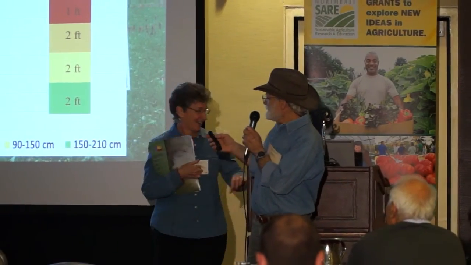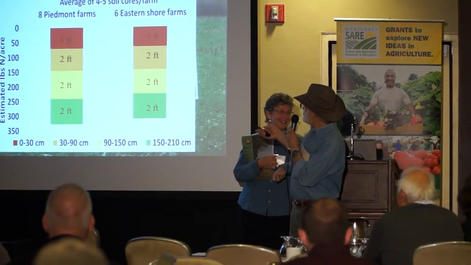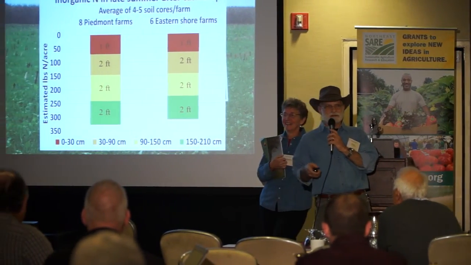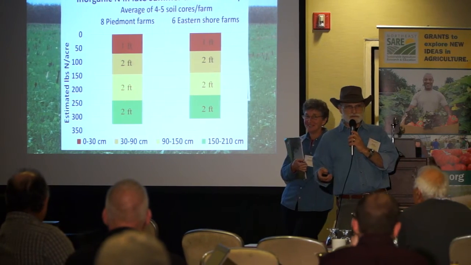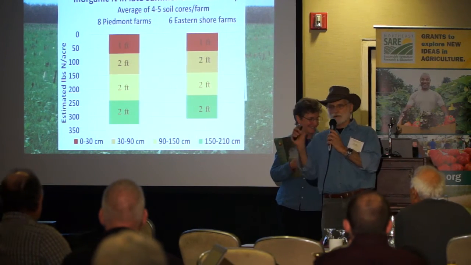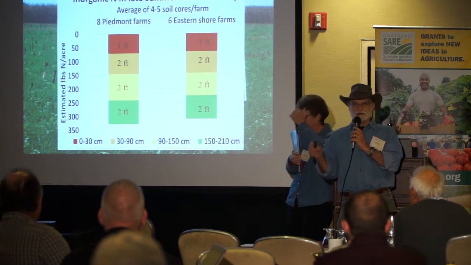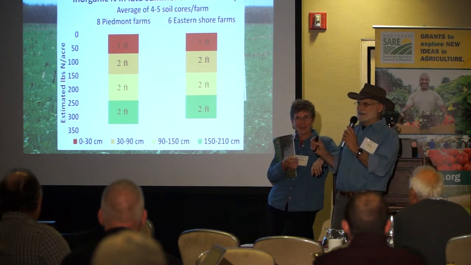Just want to mention, this is a graph, it's going to be real quick, showing 8 farms in Piedmont, 8 farms on the coastal plain and the eastern shore. We've been taking cores down to 7 feet deep, so why do you want to get to the subsoil? Water is one thing, but there's an amazing amount of nitrogen down there.